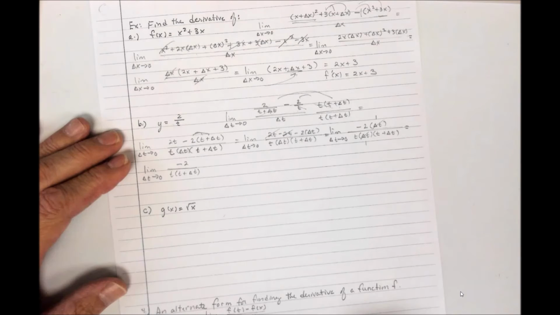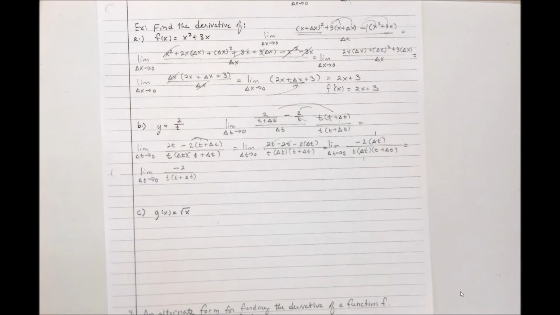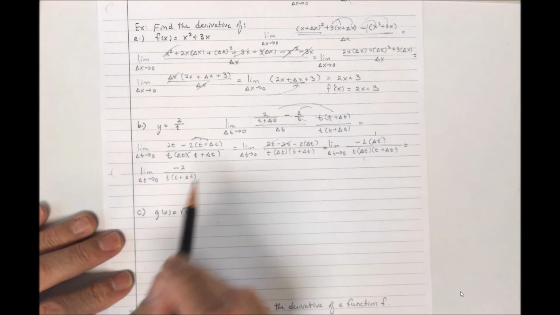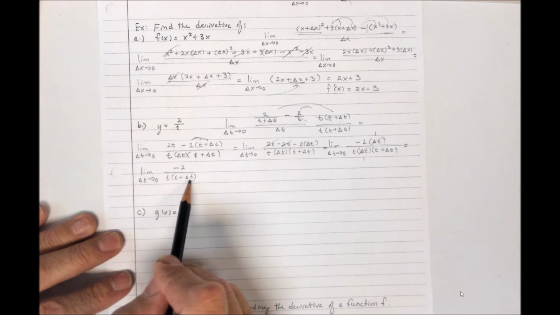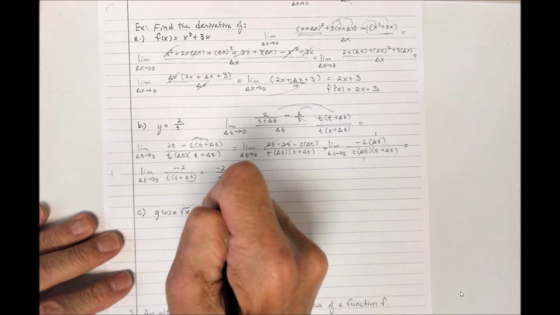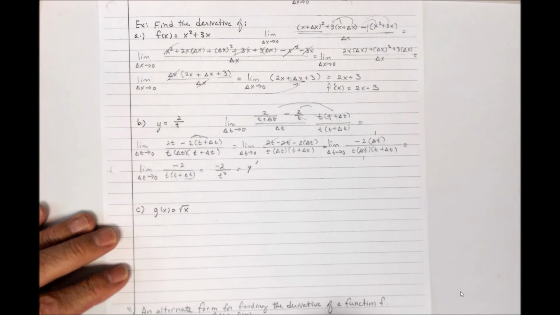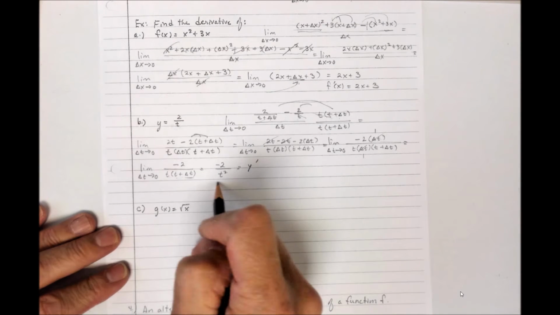Now my numerator is not affected by the limit. It's a constant, negative 2. But if delta t is going to 0, then t plus something going to 0 is just going to go to t. So t times t, I'm going to end up with negative 2 all over t squared. And this would be y prime. If it doesn't have function notation, you can just put the prime next to the y. That would be your derivative right there.